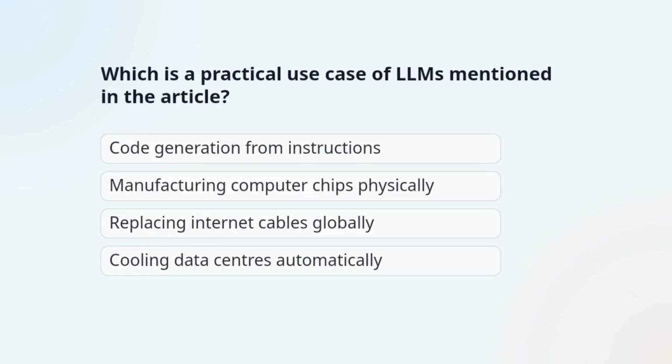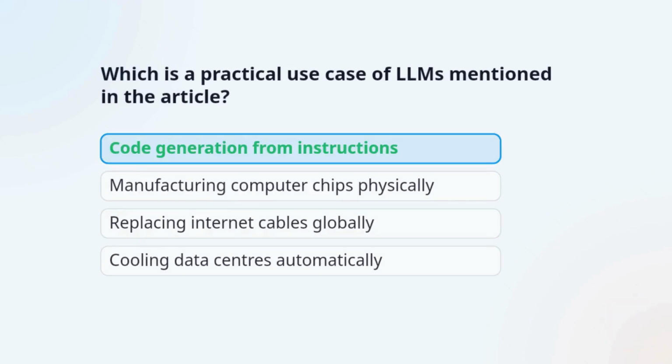Question 2. Which is a practical use case of LLMs mentioned in the article? The correct answer is code generation from instructions. The article specifically mentions code generation, debugging, documentation, translation, and question answering. These are common LLM applications.